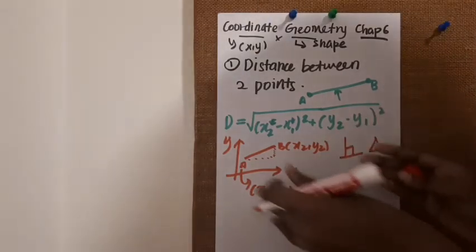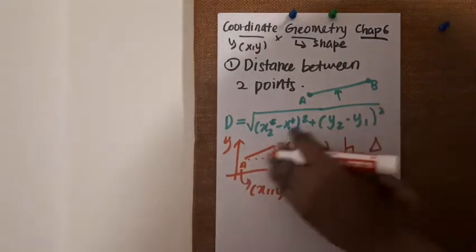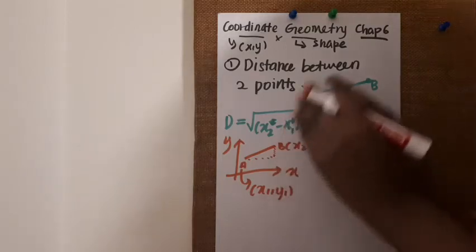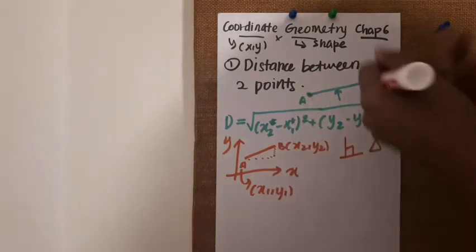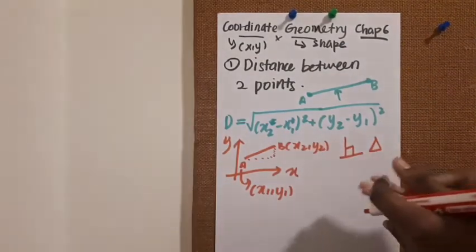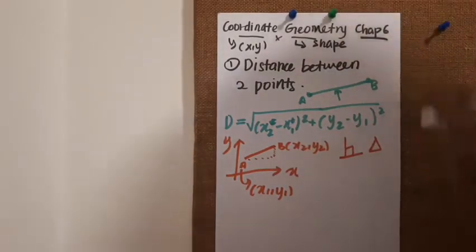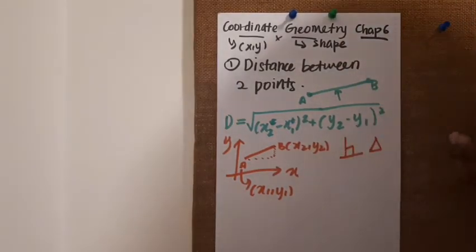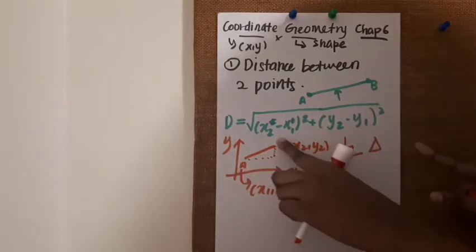Even though this is not really needed, and you don't have to know how you got the formula, it's good for you to understand so that you will understand the concepts. So overall, the distance formula between 2 points is this one.